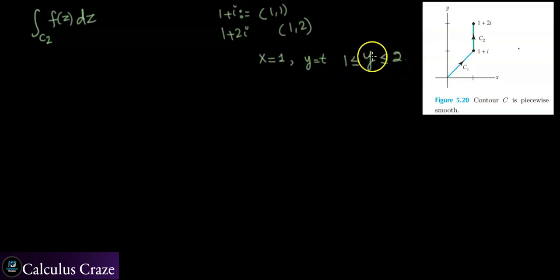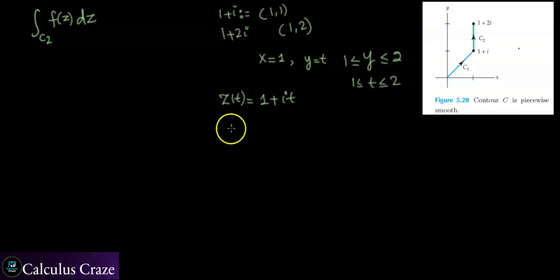So you can say that y is running between 1 and 2, or also say that t is running between 1 and 2. So what will be the parameterization? In this case, the parameterization should look like z of t equal to x, which is 1, plus iota times t, where t is running between 1 to 2, right?